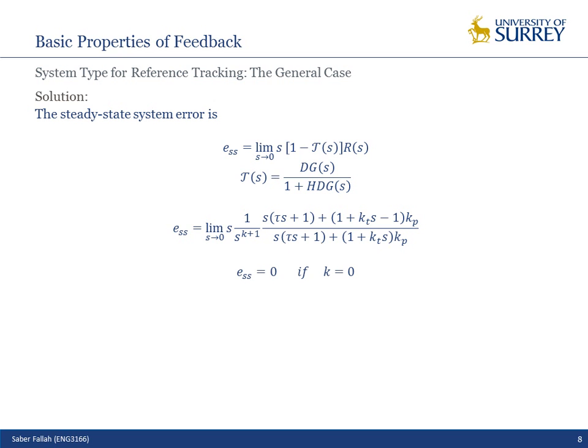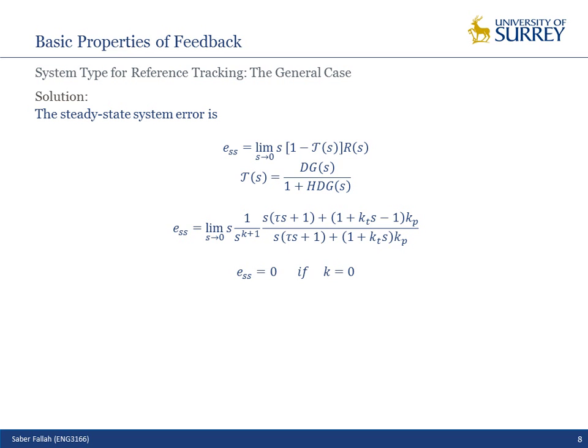Okay, again, if k is 0, the steady state error will be 0. I think I'm missing something here. This s will be cancelled out with this s, and this will be 0, this will be 0. Oh, sorry, I made a mistake.